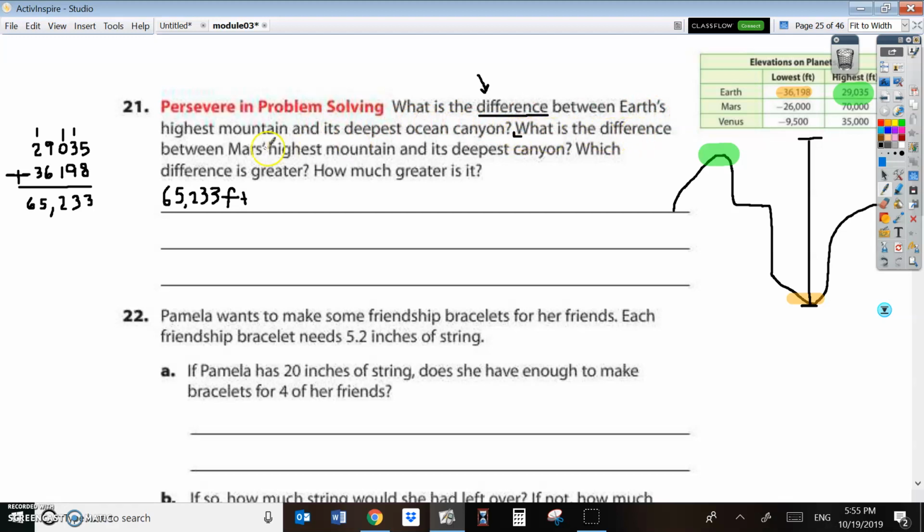What is the difference between Mars' highest mountains and its deepest canyon? So think about this for Mars.